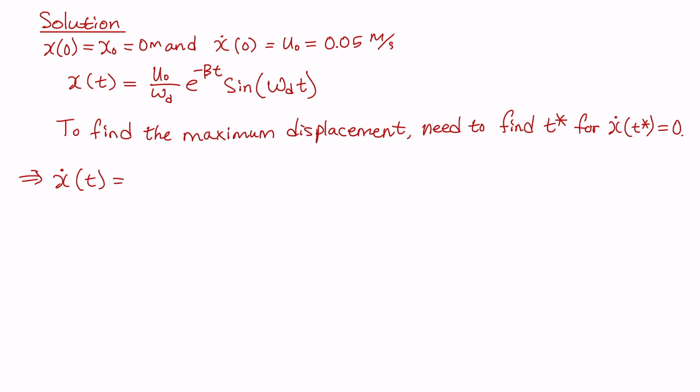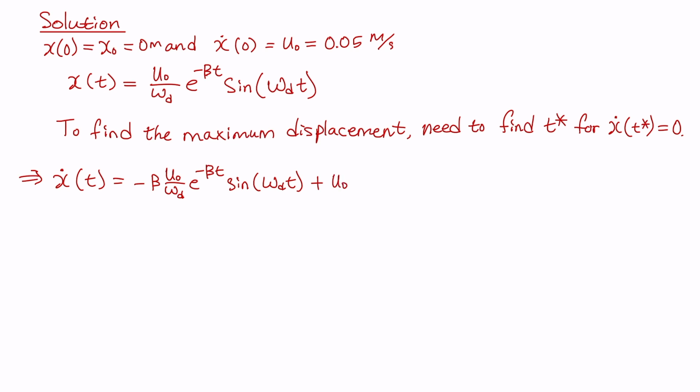We're going to need to do product rule here. So we're going to have u0 over omega d. In fact, when we take a derivative of the exponential, we're going to get minus beta times u0 divided by omega d times e to the minus beta t times the sine of omega d t plus, and now we need to take a derivative of the sine part, so we're going to end up bringing out an omega d and canceling that.